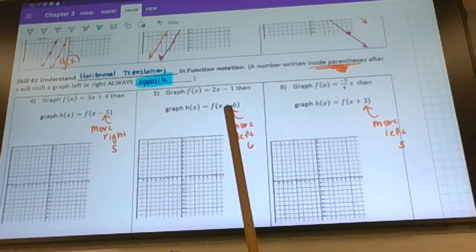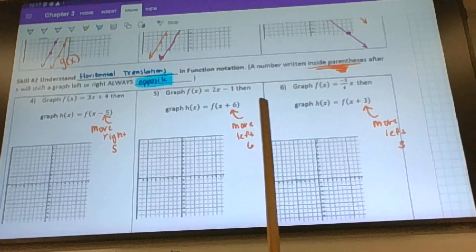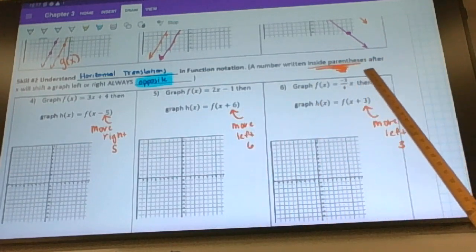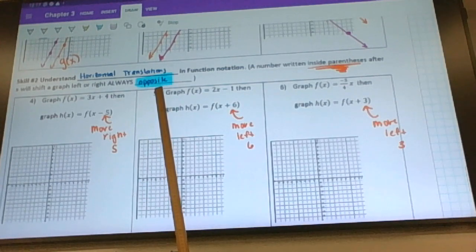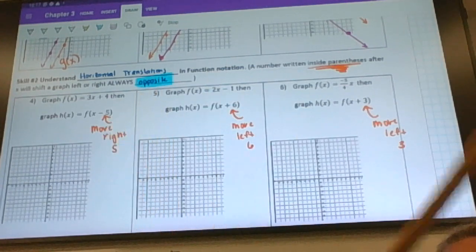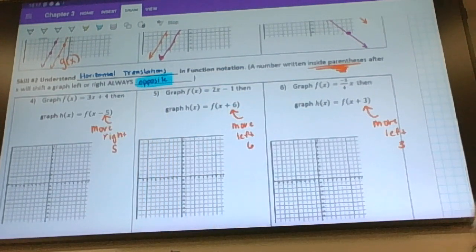If it's addition, you go to the left, which is very counterintuitive to what our brain would tell us. This is opposite of what we would think. That's the way it works. If we did a whole table, I could show you, but for now, I think you should just hear it, be introduced to it, and practice it. So positive is left, yeah, thank you.